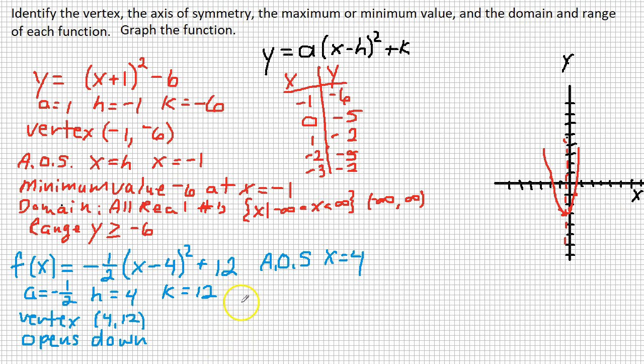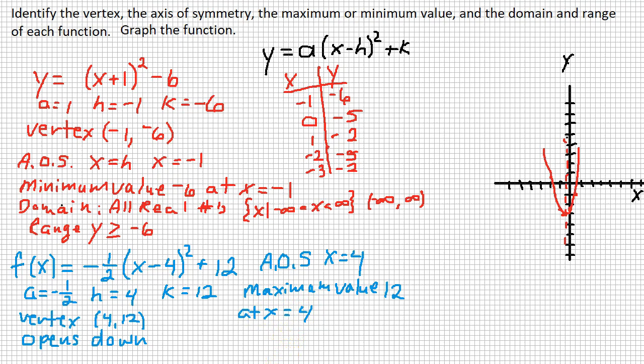When the parabola opens up, you have a minimum. When it opens down, you have a maximum. So we have a maximum value of 12 at x equals 4.